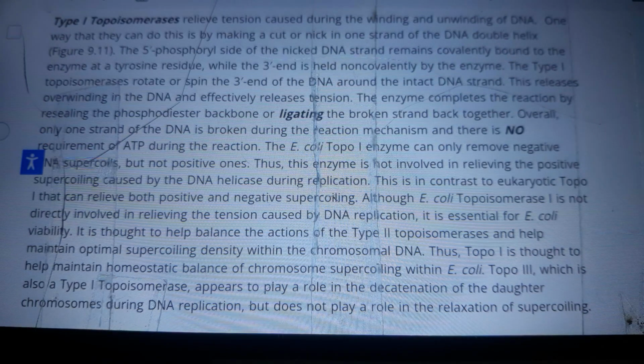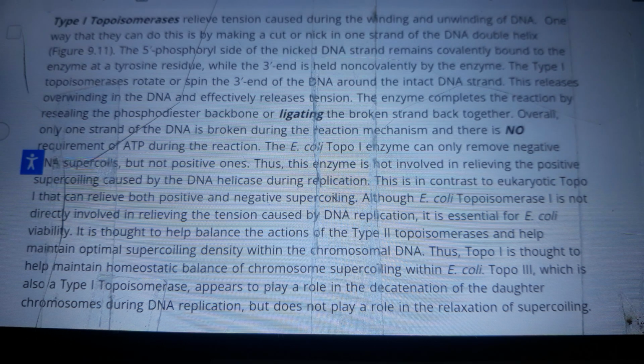Now, type 1 topoisomerases relieve tension caused during the winding and unwinding of DNA. One way that they can do this is by making a cut or nick in one strand of the DNA double helix. The 5' phosphoryl side of the nicked DNA strand remains covalently bound to the enzyme at a tyrosine residue, while the 3' end is held non-covalently by the enzyme.